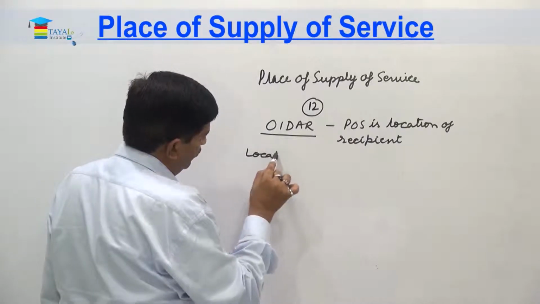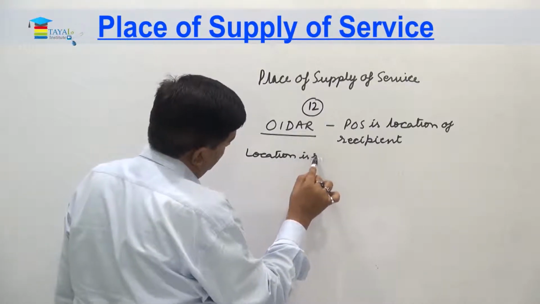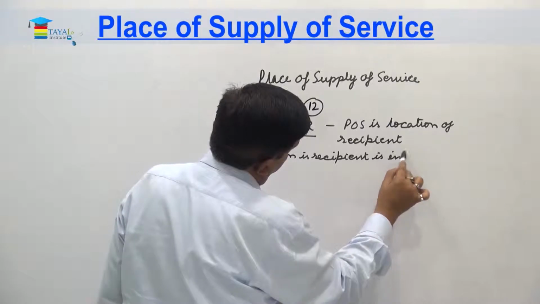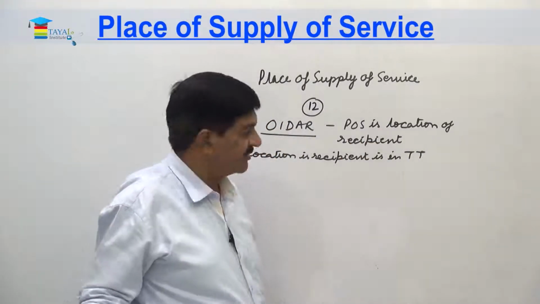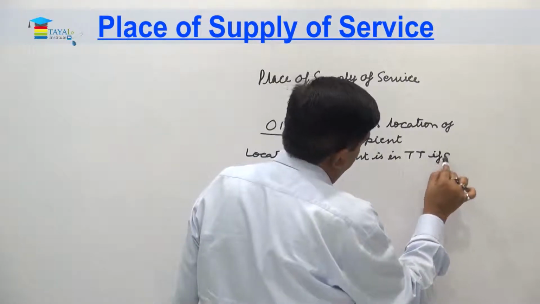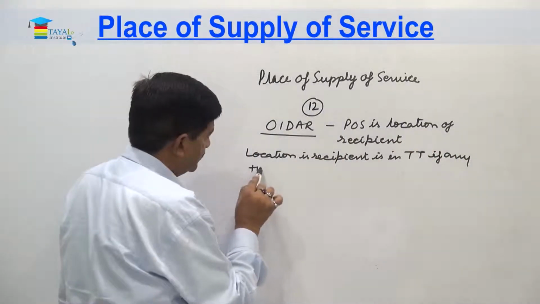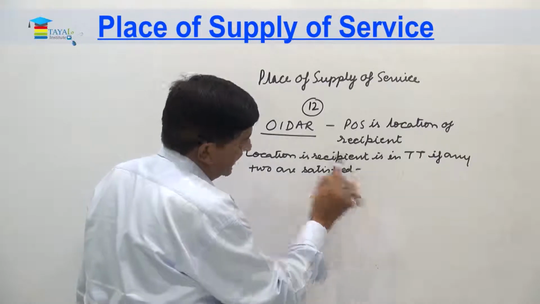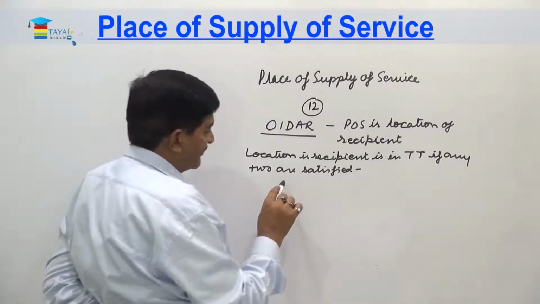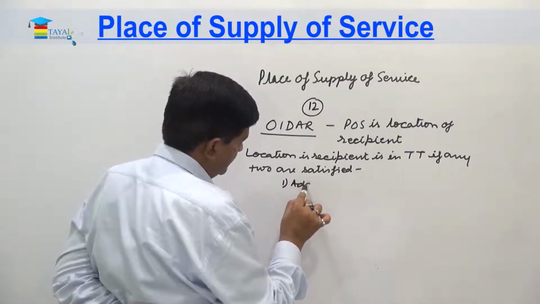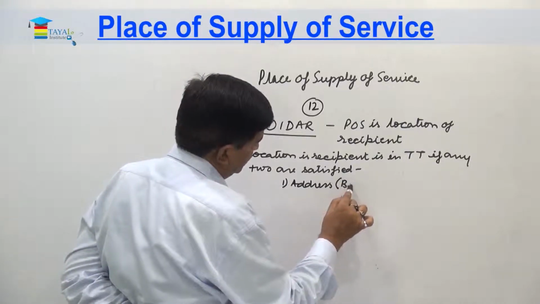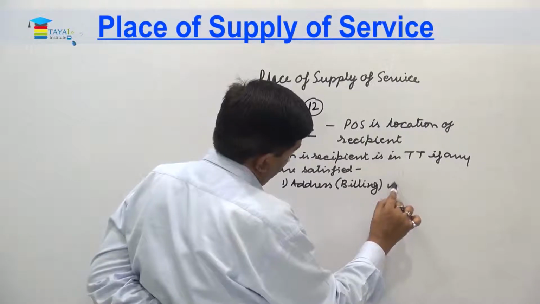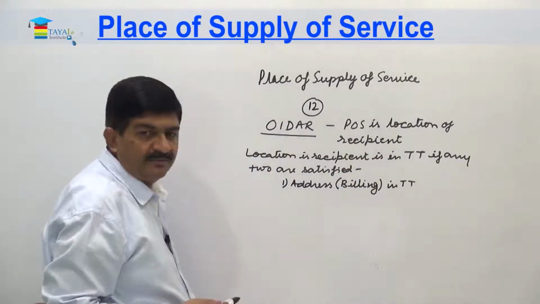Location of recipient is in the taxable territory if any two are satisfied. Number one, billing address is in the taxable territory.